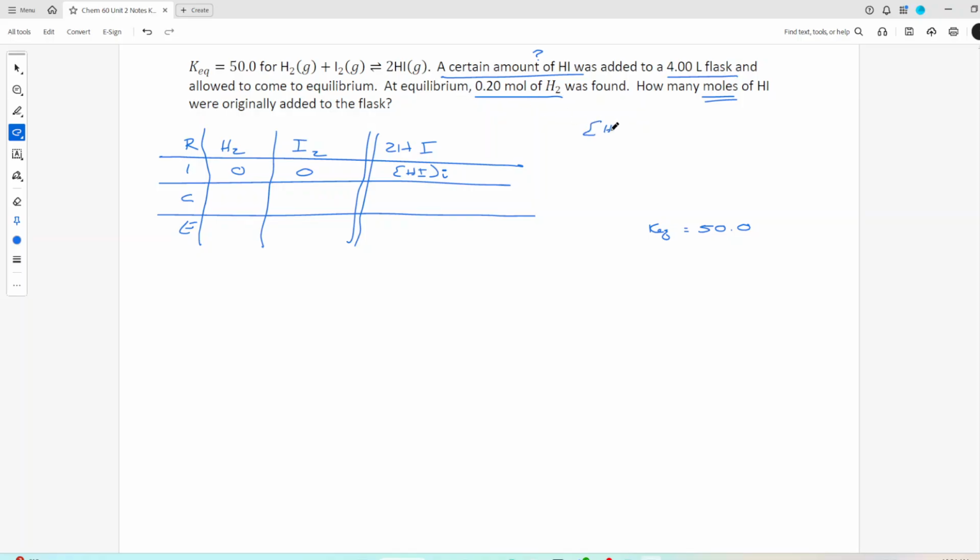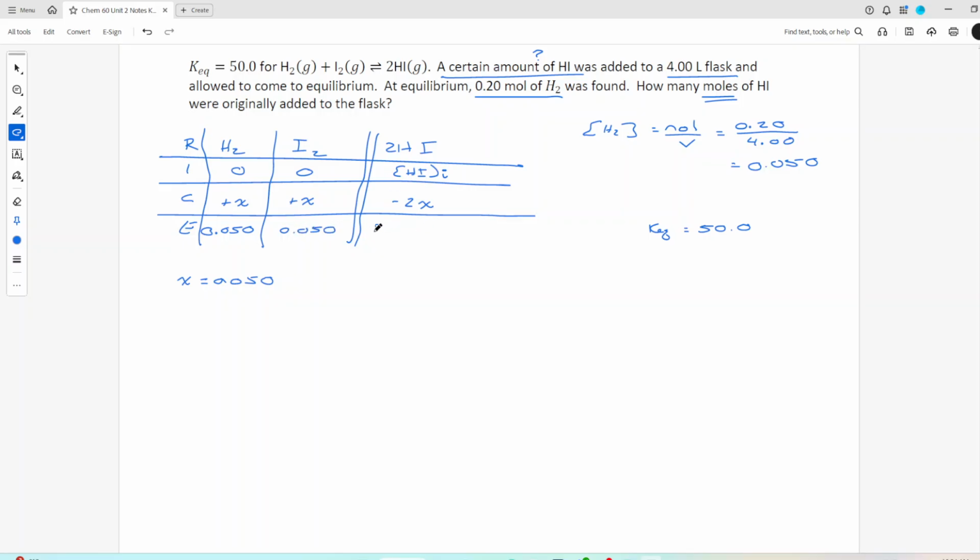So the concentration of hydrogen is going to equal moles divided by volume. So it's going to be the 0.20 divided by the 4.00. So 0.2 divided by 4 gives you 0.050, keeping track of sig figs. So we're going to say that at equilibrium, the concentration of hydrogen is 0.050. So now let's figure out our changes. The HI is going to go down by 2x, and each of these are going to go up by x, which for me right away I can just tell you that x is 0.050, so that's what I'm going to put in for the concentration of iodine.